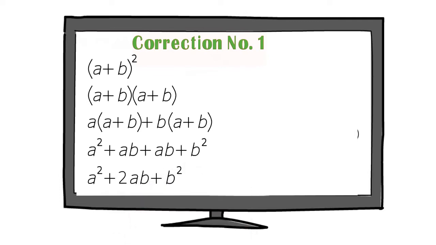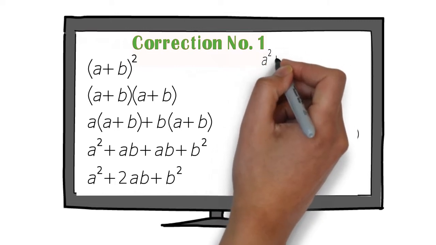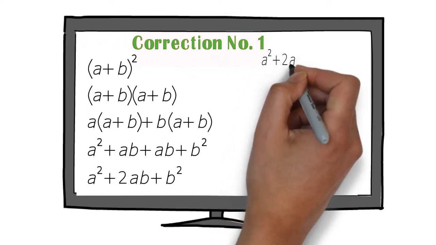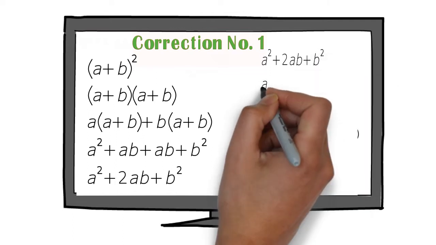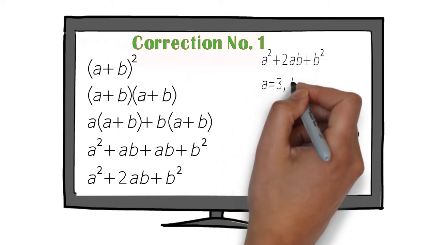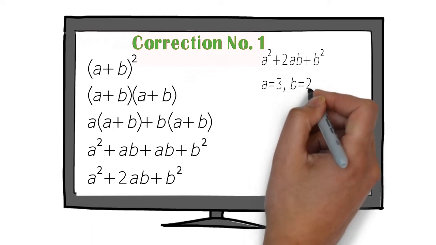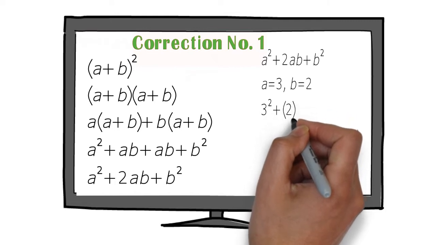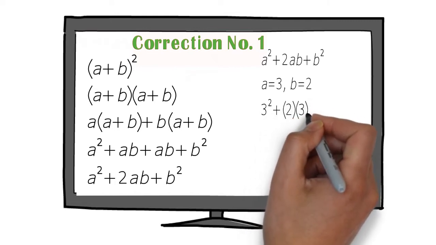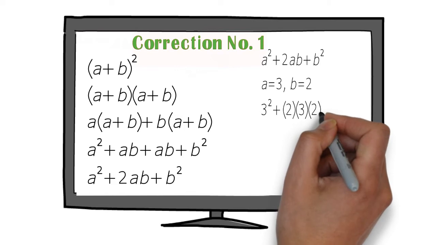Now we need to check whether this expression is equal to 25, because that is one way we can check whether it is truly the value of a plus b raised to power 2. So we check a square plus 2ab plus b square using the same substitution, a equals 3 and b equals 2. So we have 3 square plus 2 multiplied by 3 and multiplied by 2 plus 2 to the power of 2.